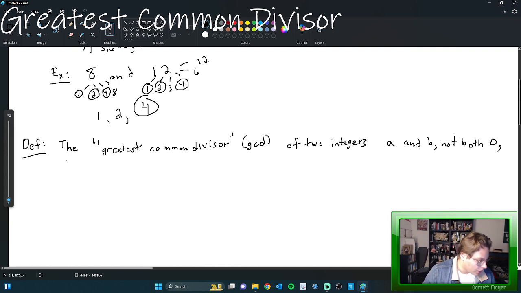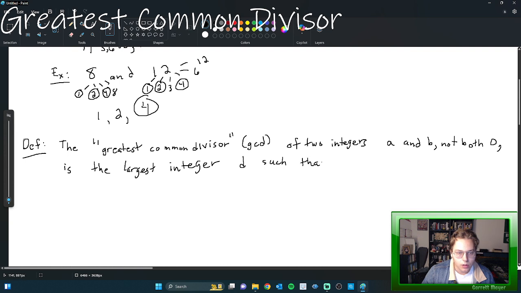Not both 0, is the largest integer D such that D divides A and D divides B.